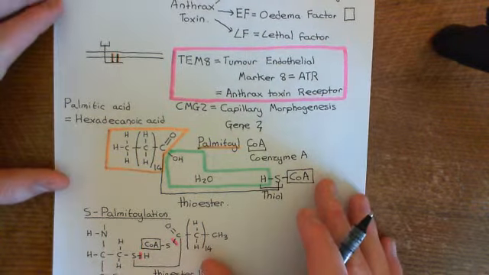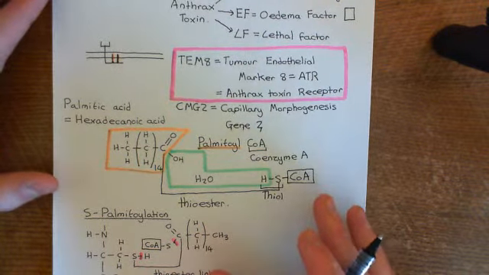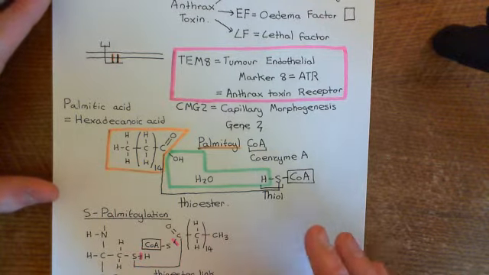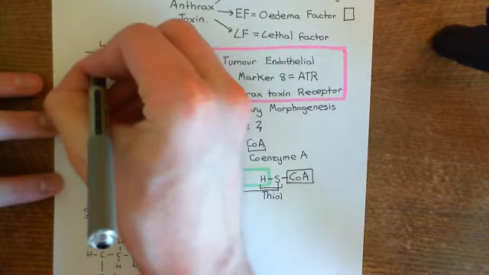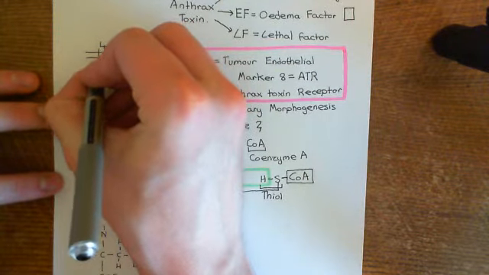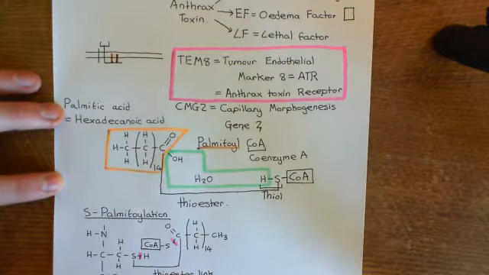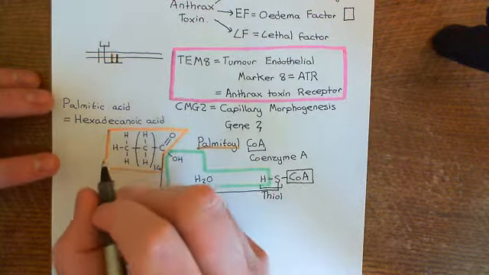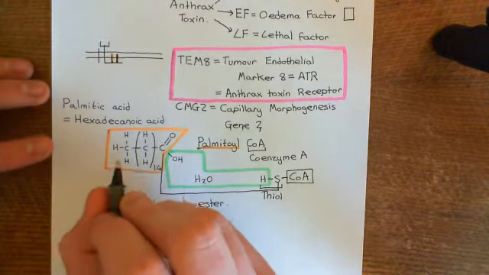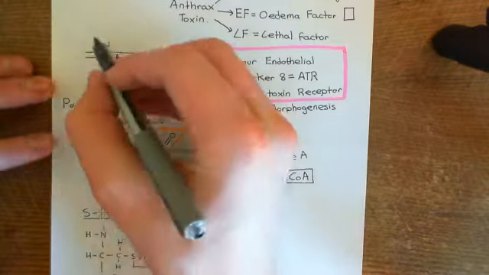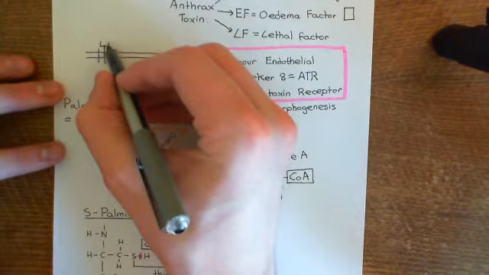Now, there is a co-receptor for the binding of protective antigen 83. This is a protein which binds to the tumor endothelial marker 8 protein and is necessary in order for it to bind to the protective antigen 83, although it itself does not form the binding site.